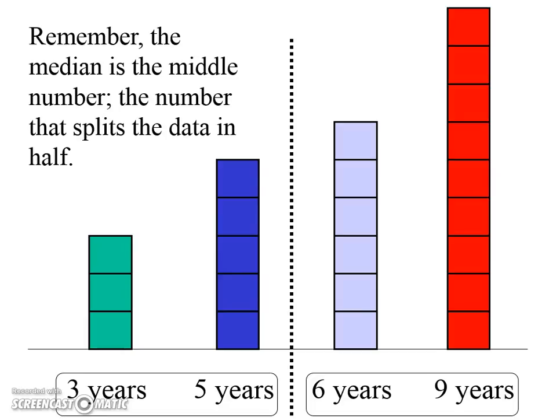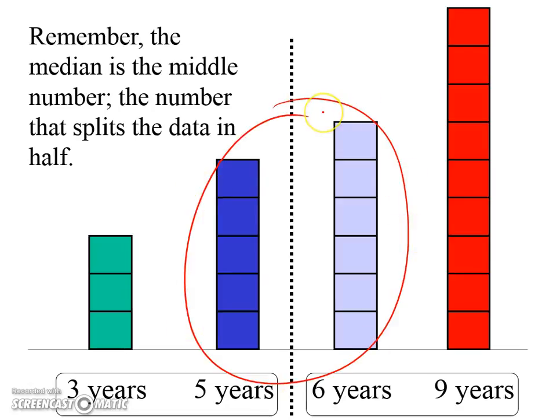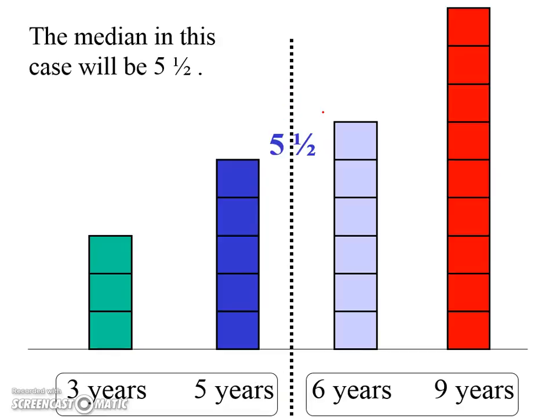So what we need to do then is look at the 2 in the middle. Okay? And add those up and divide by 2. So we have a 5 and a 6-year-old that represent the middle. So 5 plus 6 is 11. And 11 divided by 2 is 5.5. So there you go. That's the median, 5.5 years old.